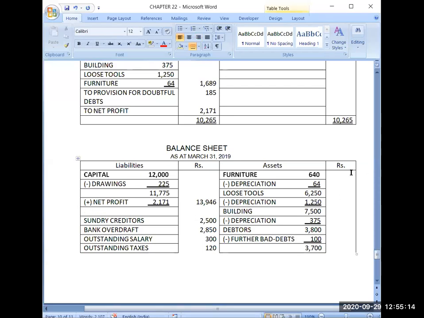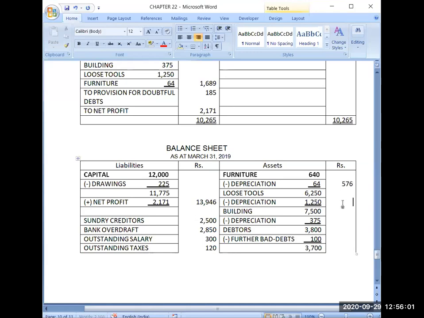Okay. So now this final amount will be 640 minus 60, 580 and minus 4, so 576.